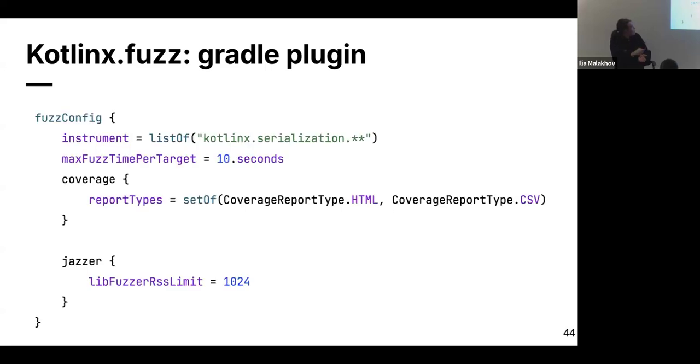This DSL looks like this. In Jazzer, for example, you had to use either environment variables and store them somewhere, or use system properties, which is not very convenient, since it doesn't allow checking for errors.